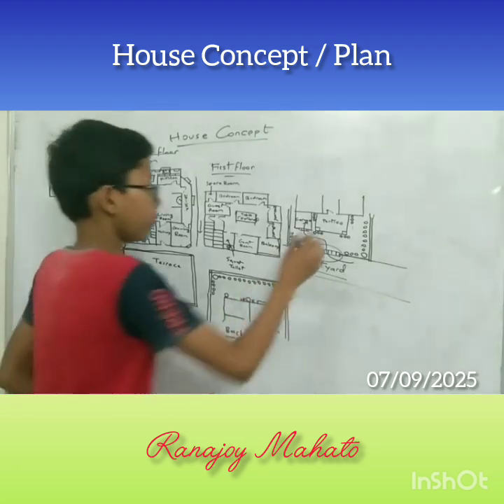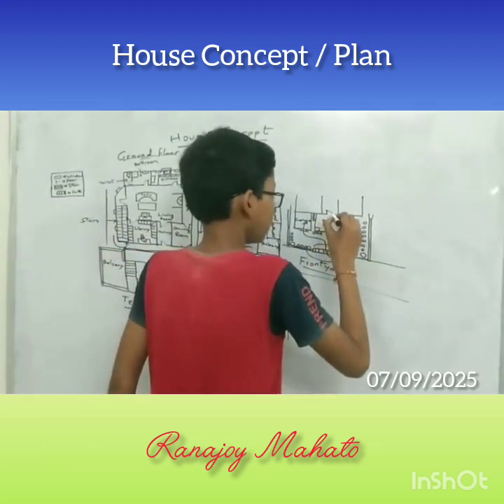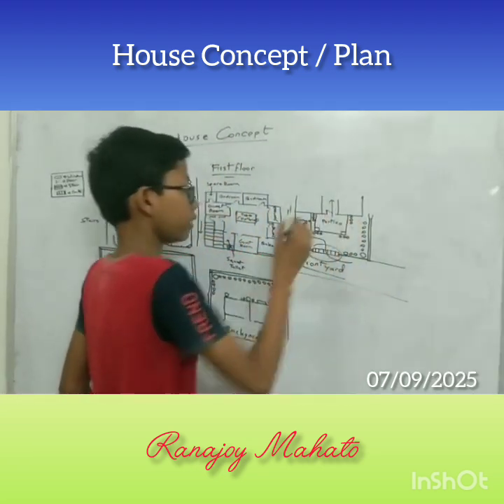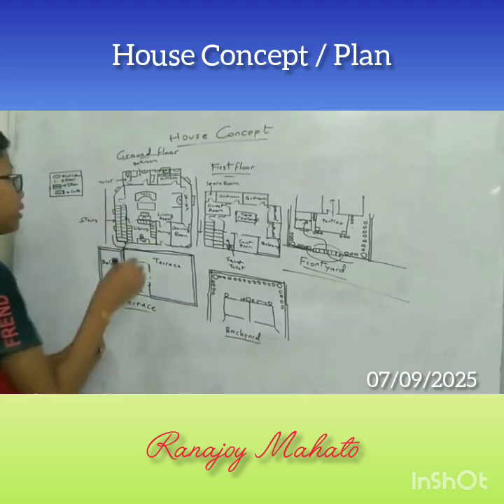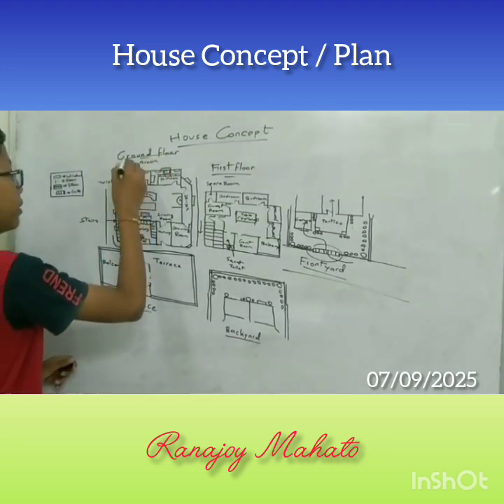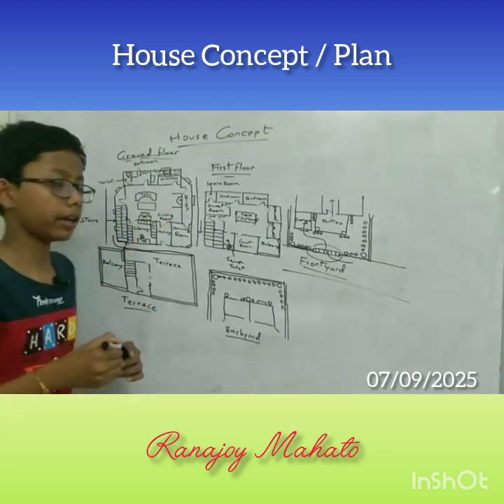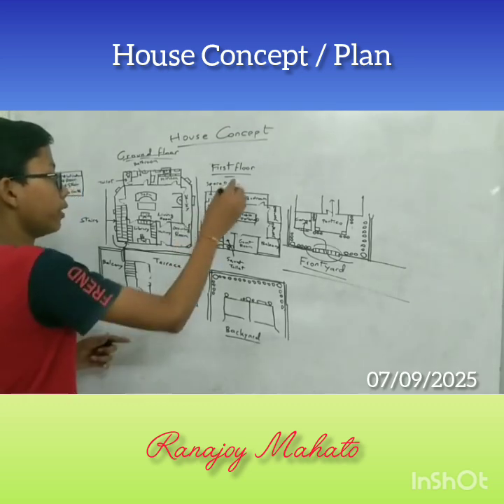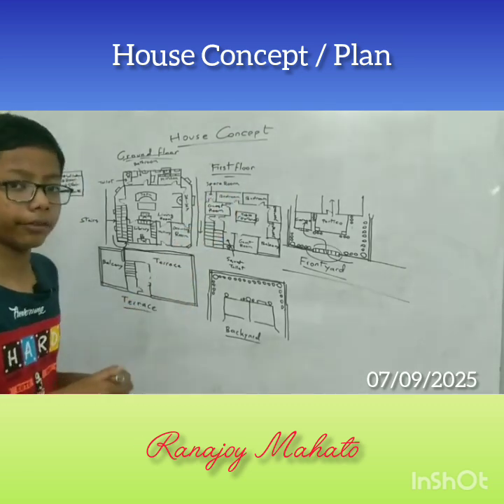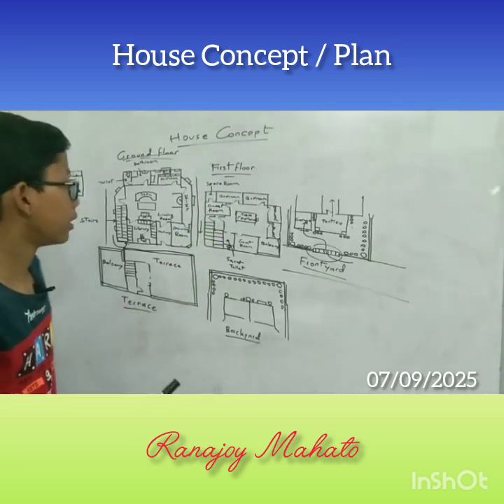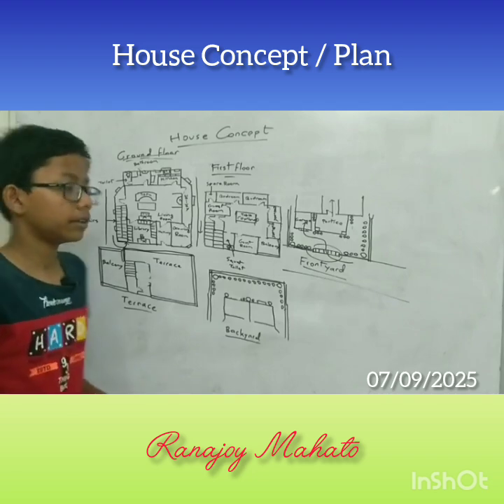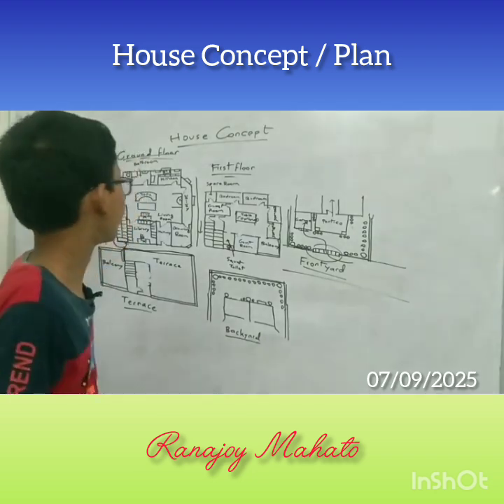Now here, what happens when we go through this door here? Now there is only one door here which leads to the ground floor, or for the Americans it will be called the first floor. Now there is a difference between Indian and American English.